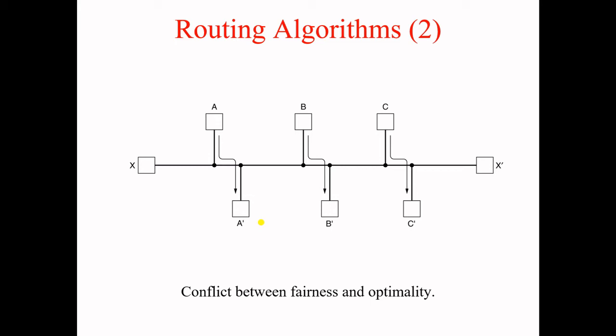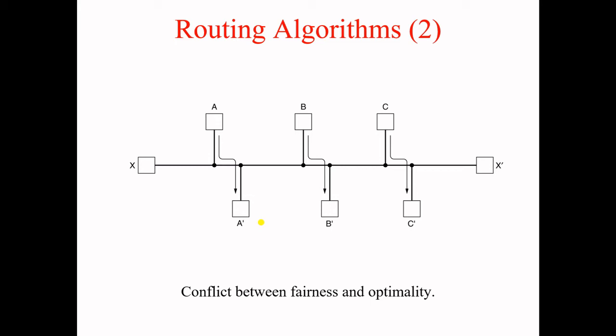Okay. To maximize the total flow, if we want to maximize the total flow from X to X dash, traffic should be shut off altogether. So unfortunately, X and X dash may not see it that way.